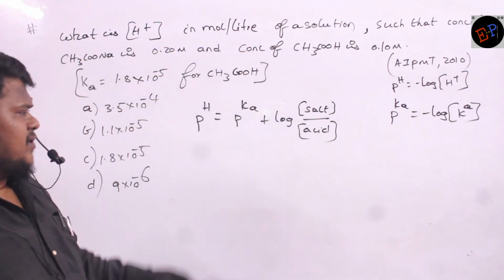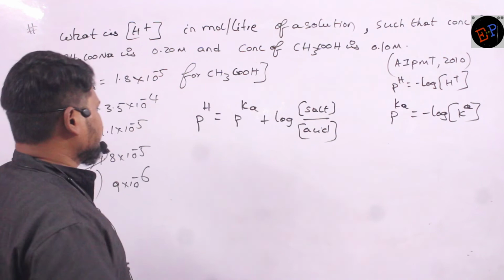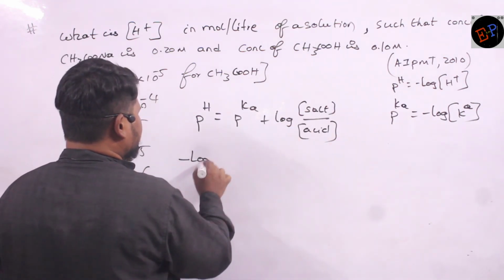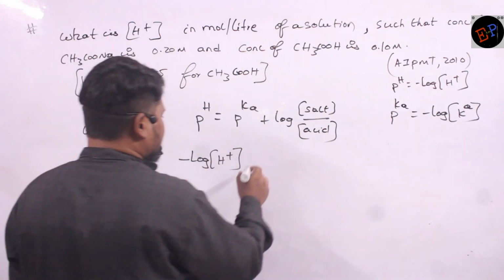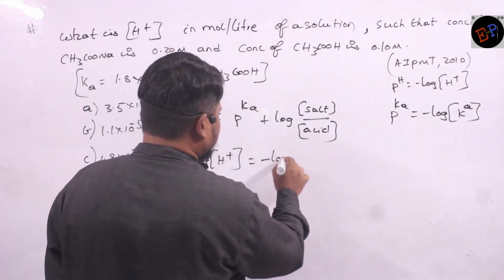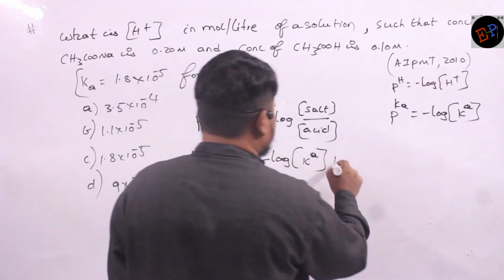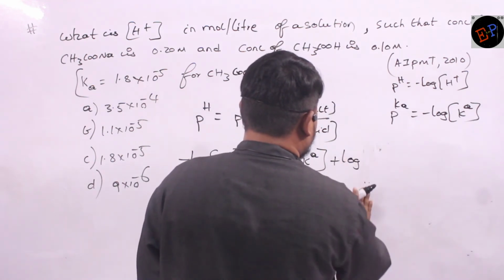So if you write everything in terms of logarithm, then solving becomes easy. So write down: instead of pH, I can write negative logarithm of H plus ion concentration of the solution. pKa, how can I write? Negative logarithm of Ka of the solution plus logarithm of salt, or in this variable, right?